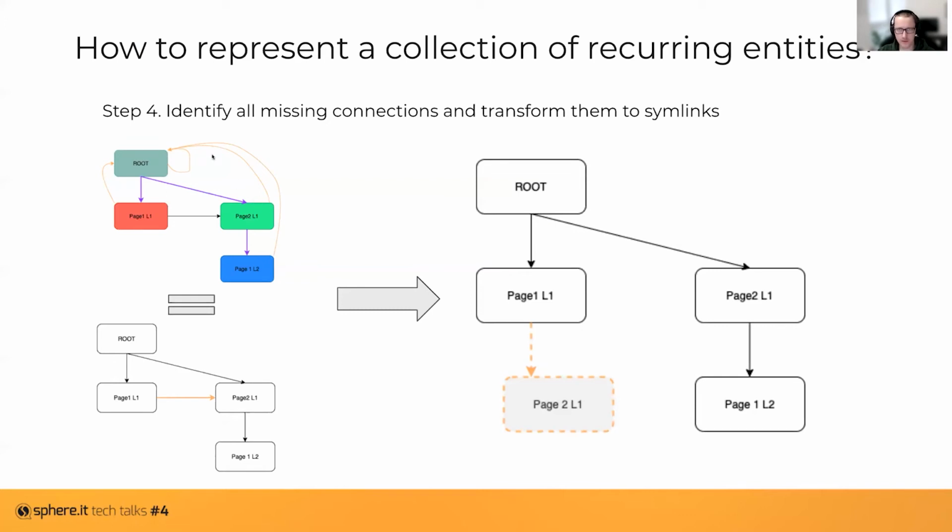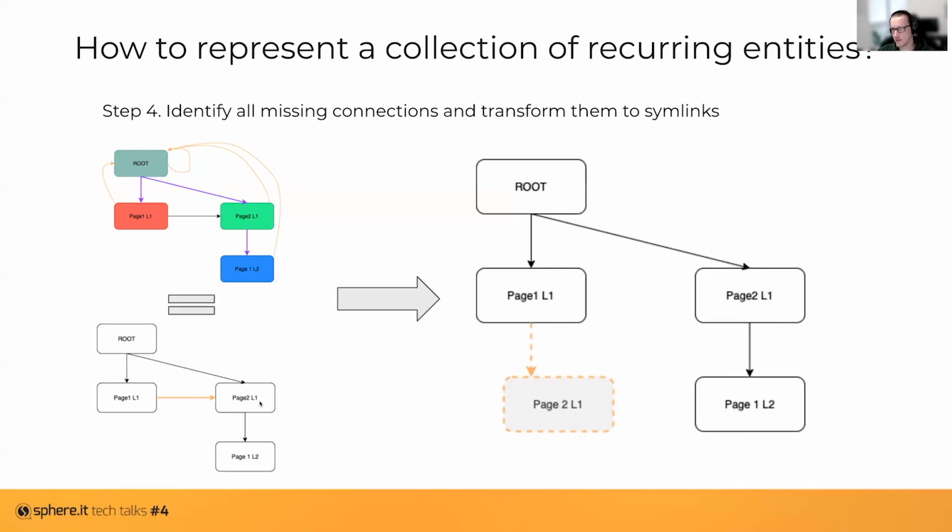And after removing the connections going back to the root entity, we have another simplified but still a graph connecting root to page 1 and page 2, from level 1 to page 2 level 2, and page 1 level 1 to page 2 level 1. So now we have to identify all missing connections. So we are still missing the connection from page 1 level 1 to page 2 on level 1.